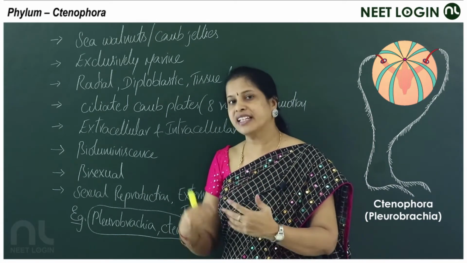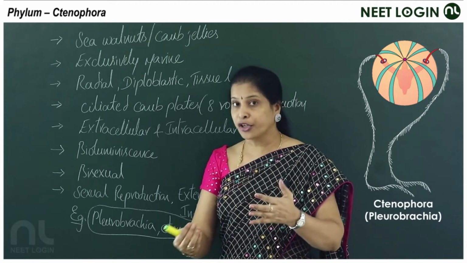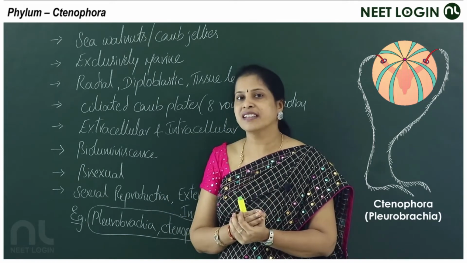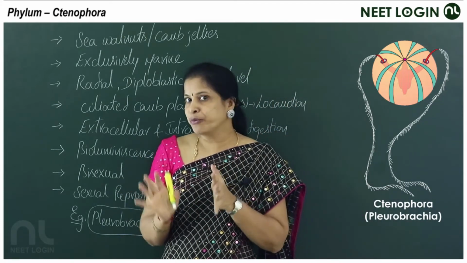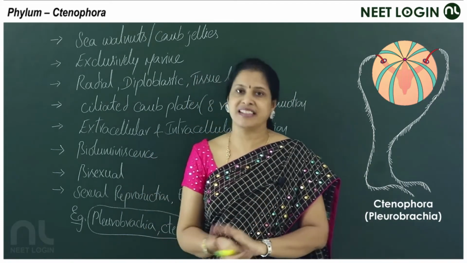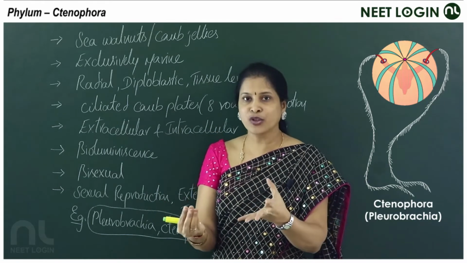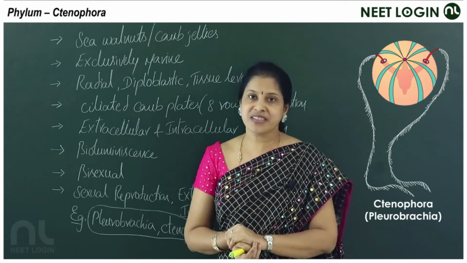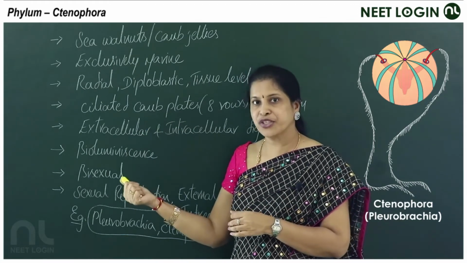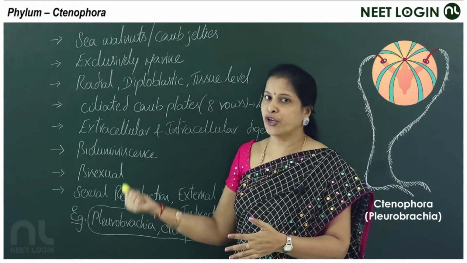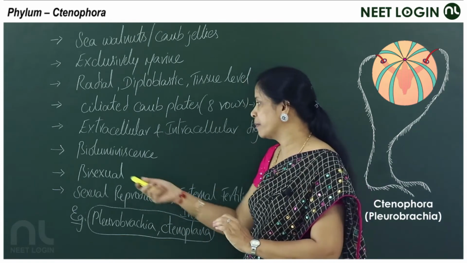For what sake? In order to attract their prey, to attract their mates, and also to stun their predators. If suddenly a light glows, obviously they will be stunned. So bioluminescence is a characteristic feature, an important phenomenon of the phylum Ctenophora members.